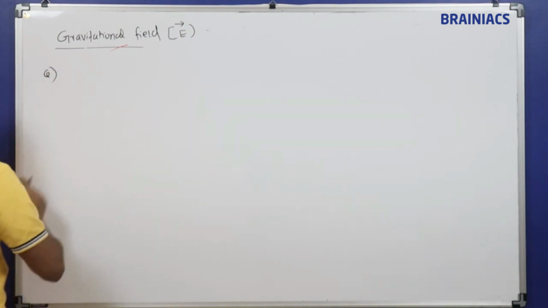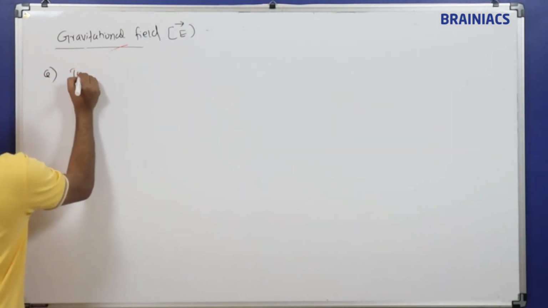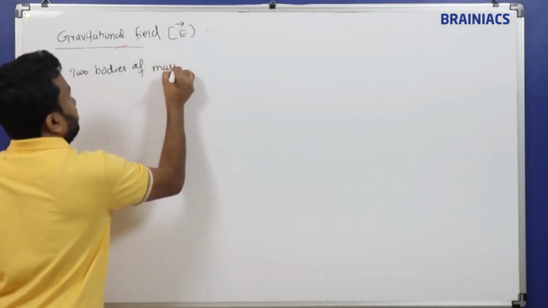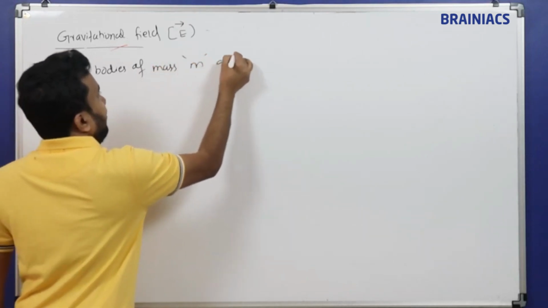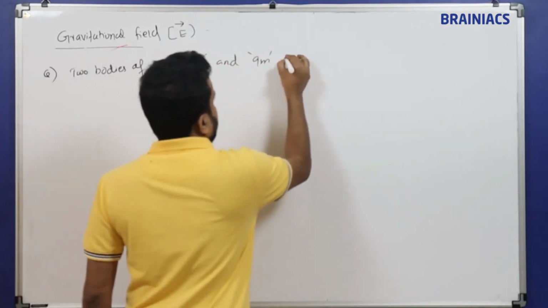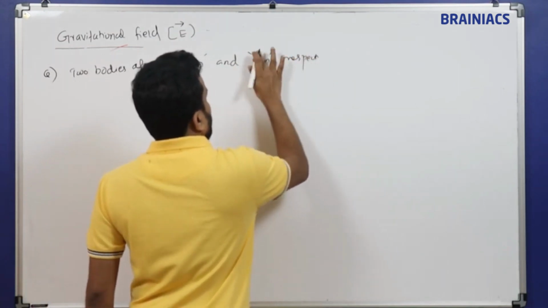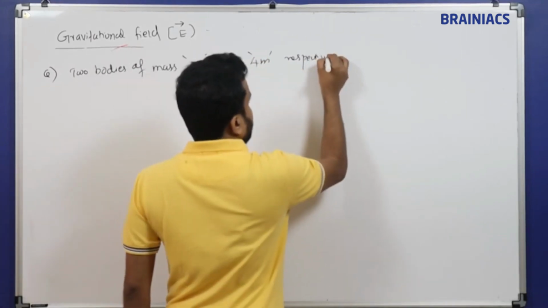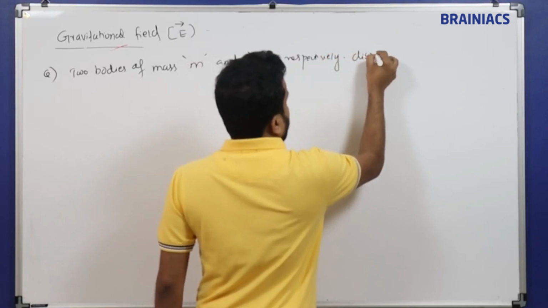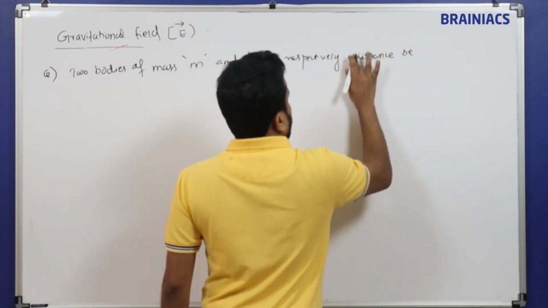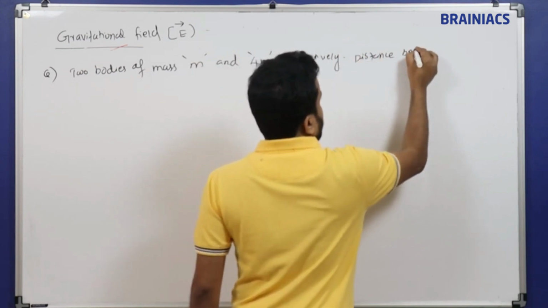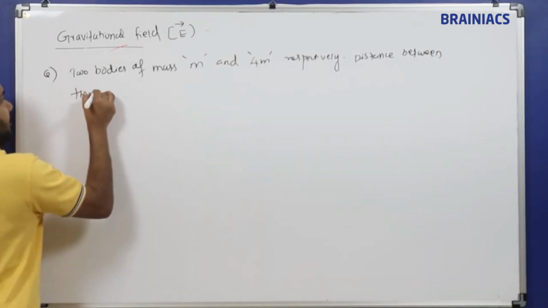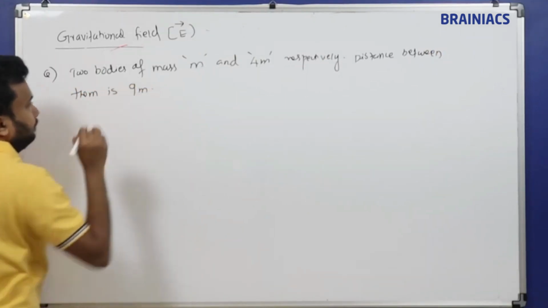The question is like this: two bodies of mass m and 4m respectively. The distance between them is 9 meter.